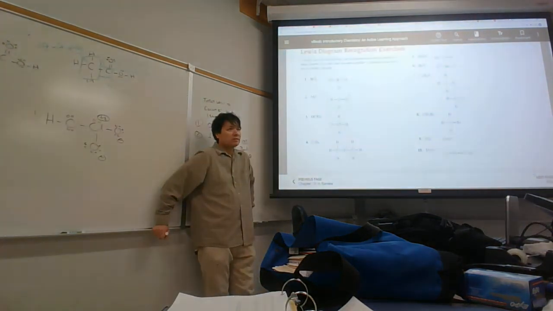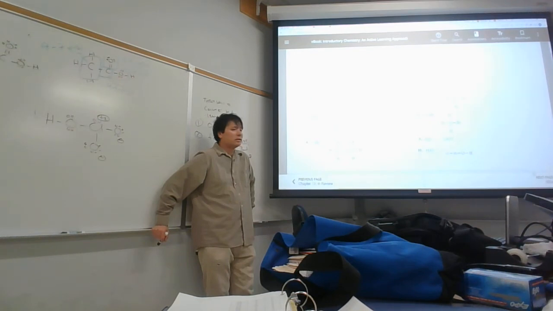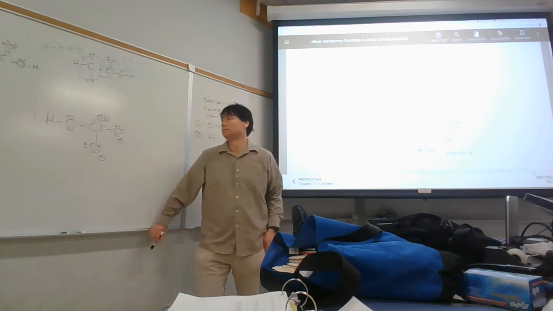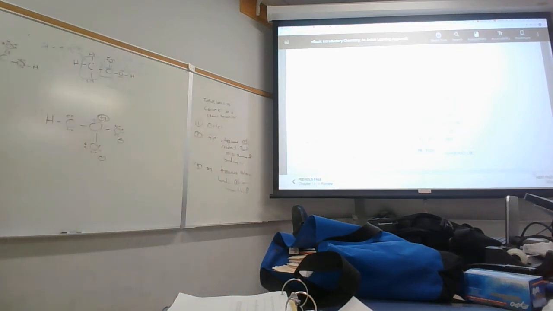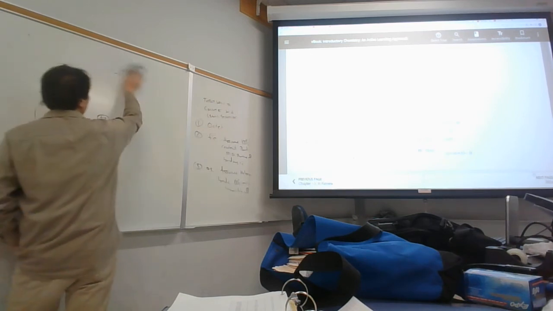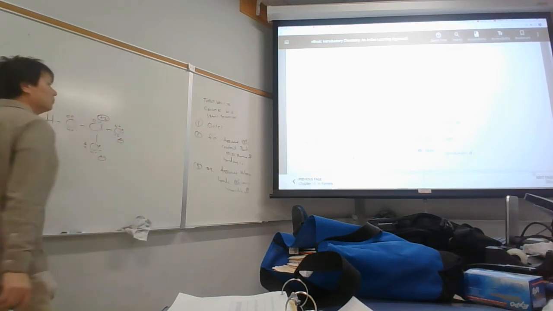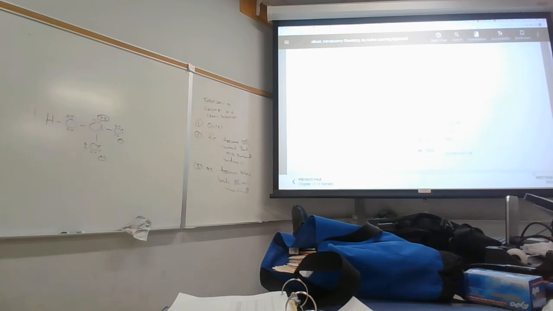How can we rearrange the structure to get carbon to have an octet? Is it possible? Can I put a double bond on one of the carbons? Okay.